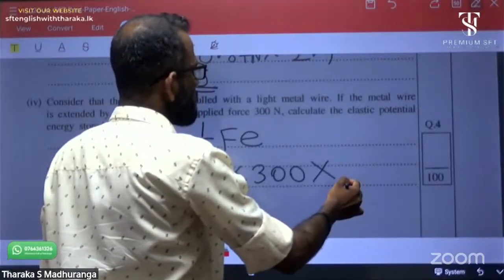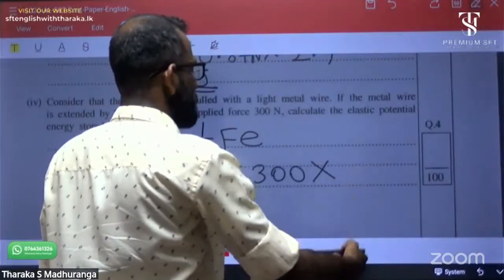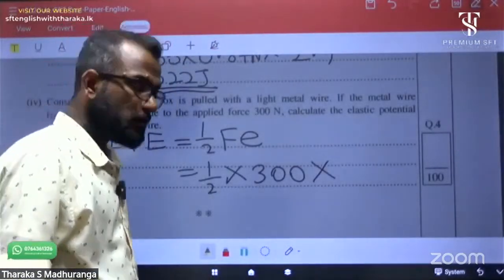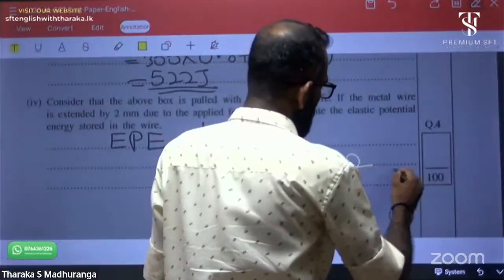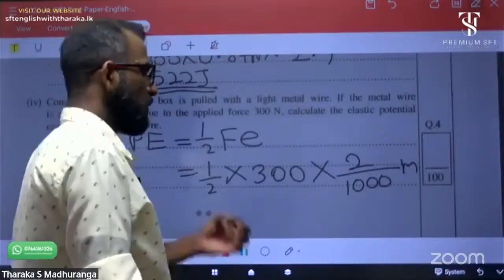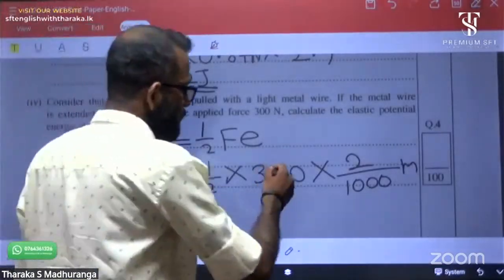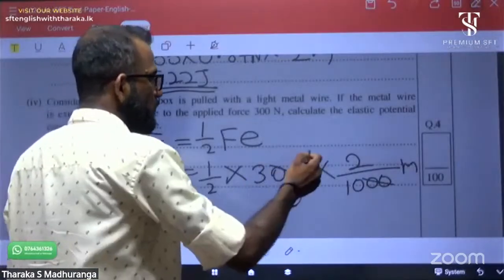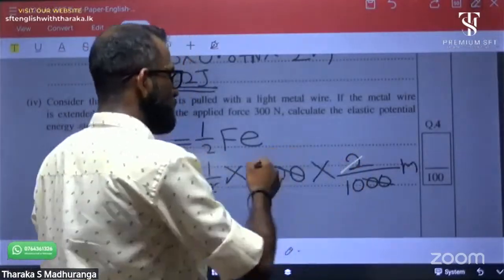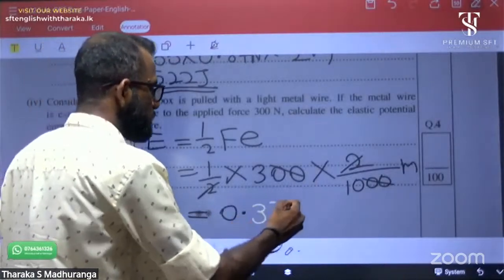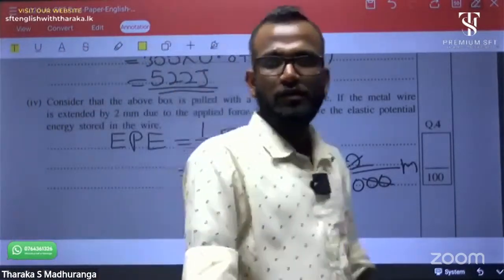The extension is 2 millimeter. Can you substitute in millimeters? No. 2 divided by 1000 to convert into meter. The 2s cancel, so 3 over 10, 0.3 joules.